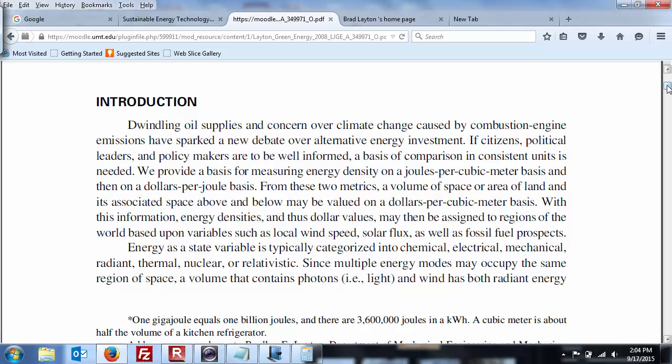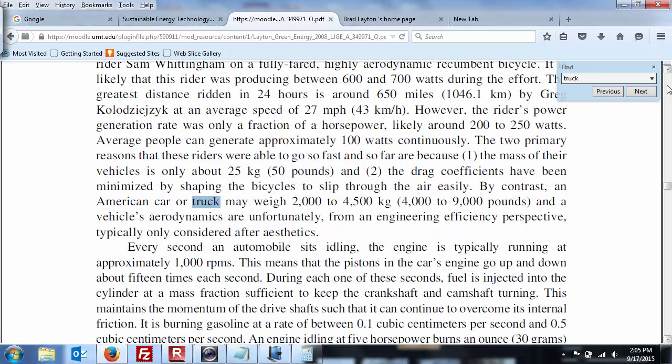The truck versus the low mileage truck versus the high mileage car. Yeah, that's a tough problem. Could you explain that a little? That's a good one, isn't it? Let's look at it. Let me see if I can just find it here. This one?